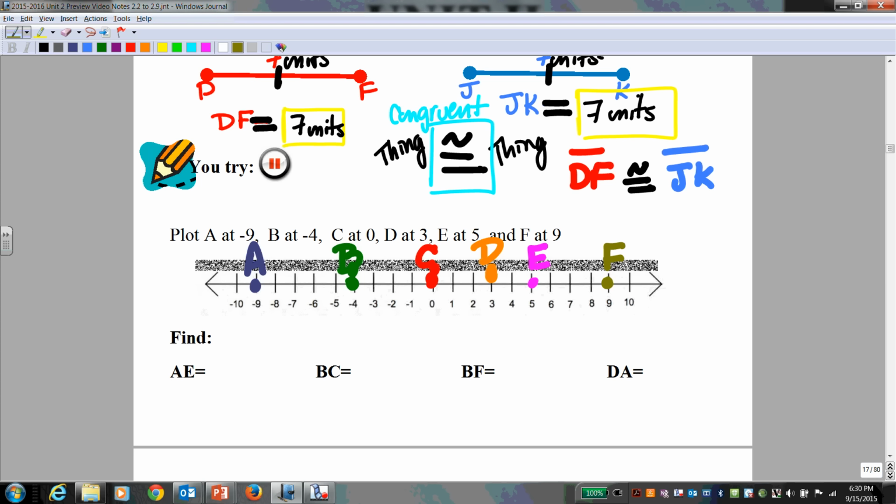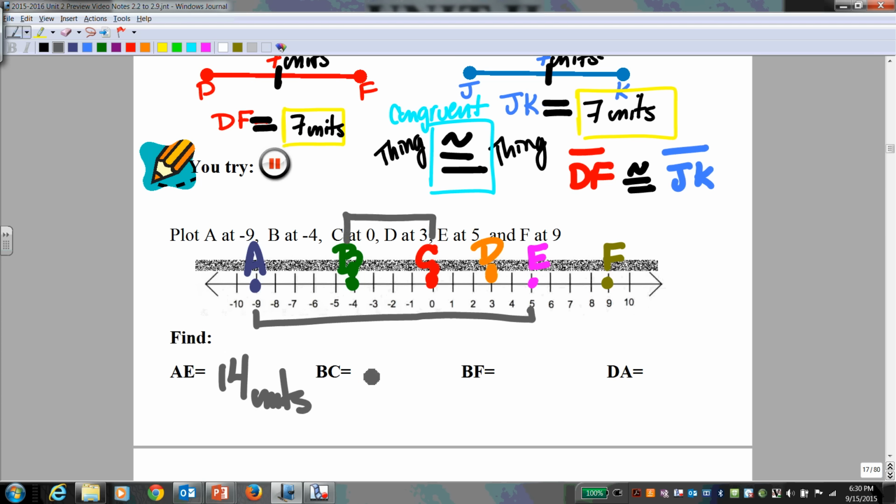Welcome back. Let's check here. The distance from A to E, that's basically 9 plus 5, is 14 units. B to C, notice I'm physically bracketing, is going to be 4 units, not negative, because distance is always positive.